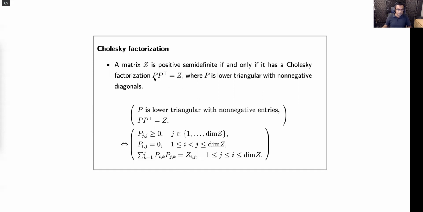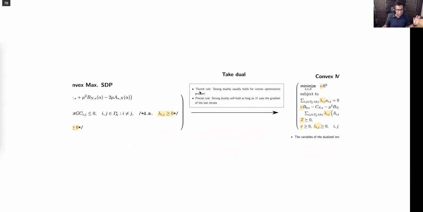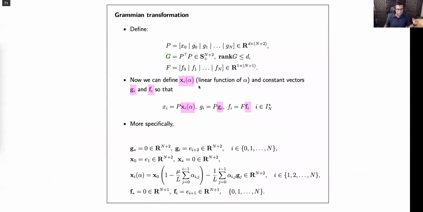Another thing to keep in mind is that this P corresponds to a new P. It's not the same P that we introduced earlier. So P is in a way overloaded. Please keep in mind this P corresponds to the Cholesky decomposition of Z. So this is not the same P I introduced a few slides ago. If I go back, there was this P that I introduced.